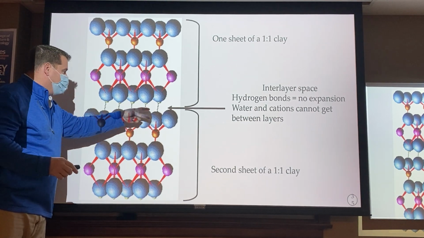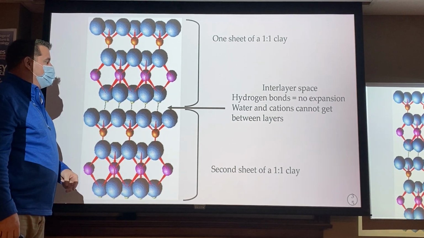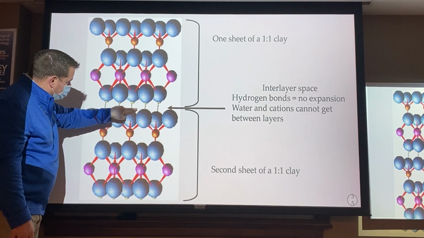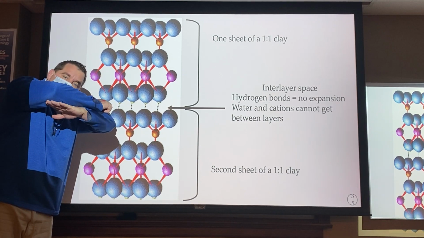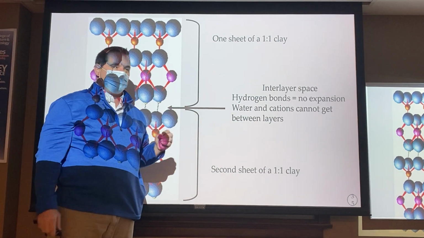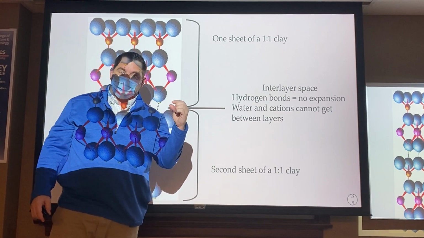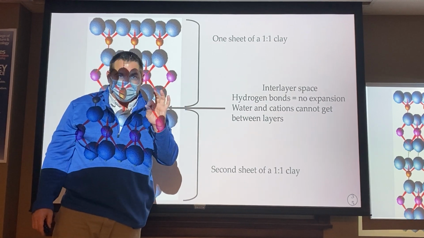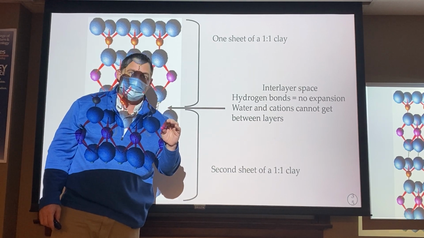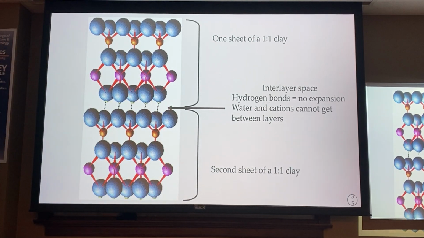The hydrogen bonds in between these two, though very little water and very few cations can be attached in here because those bonds are so tight, and they just stack on top of each other. So you're talking 1,000 sheets to get a piece of clay, right? We're talking scanning electron microscope. That's how small these clay sheets are.